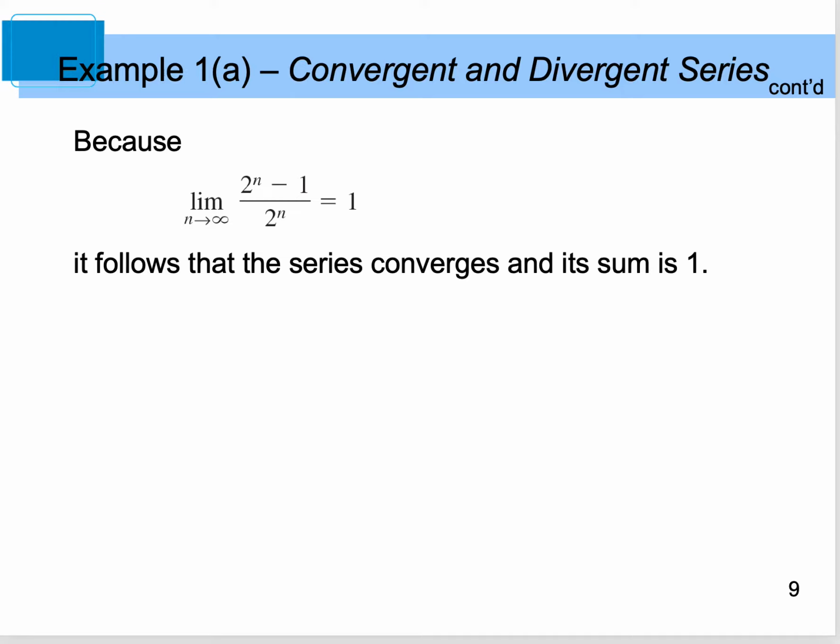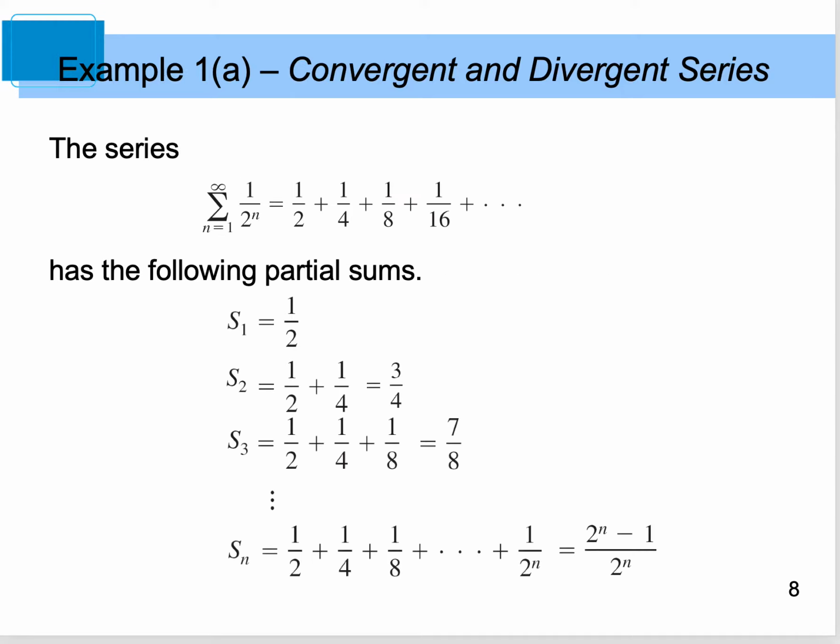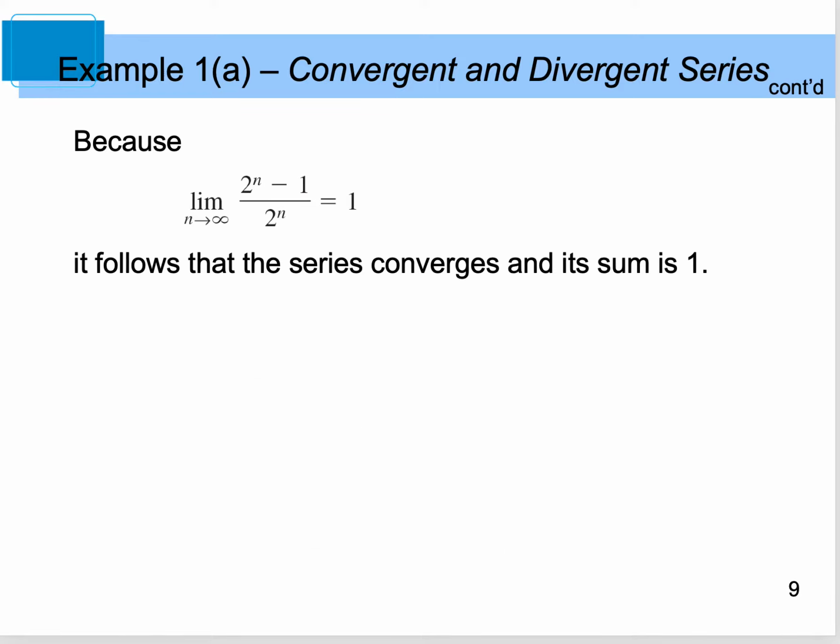Because I know that the partial sum, 2 to the n minus 1 over 2 to the n, is going to converge, I can then turn around and say the series is going to converge, and it's going to converge to 1.